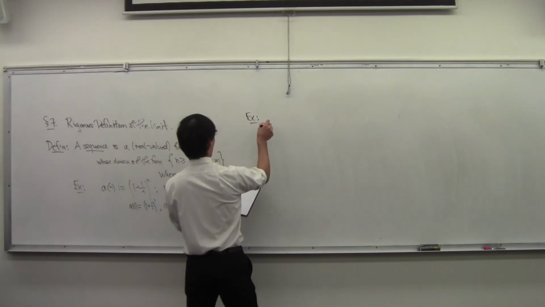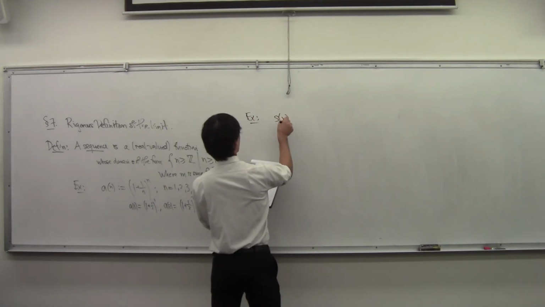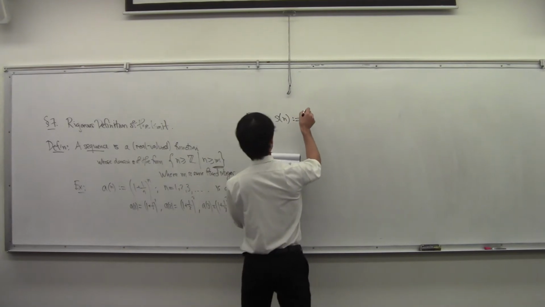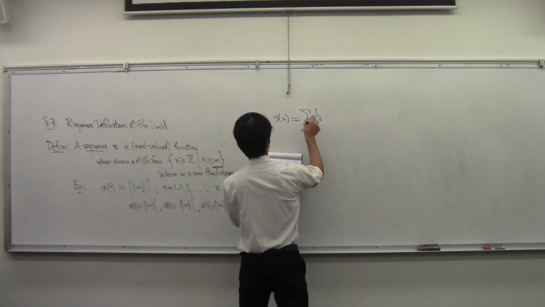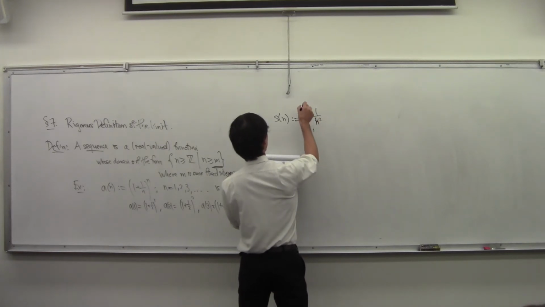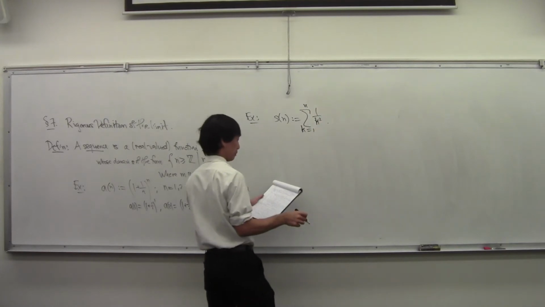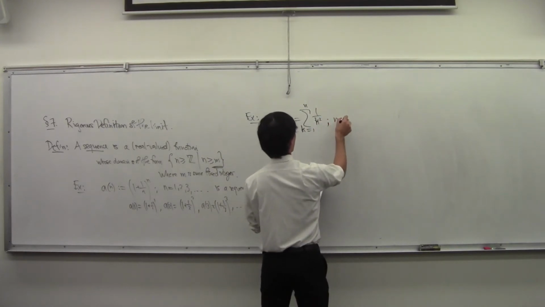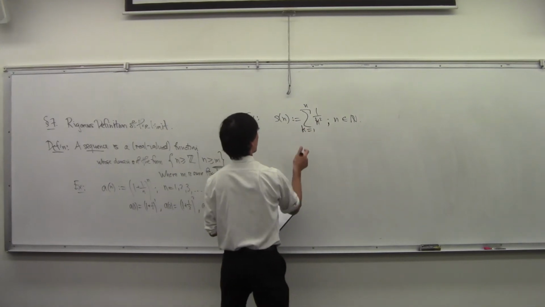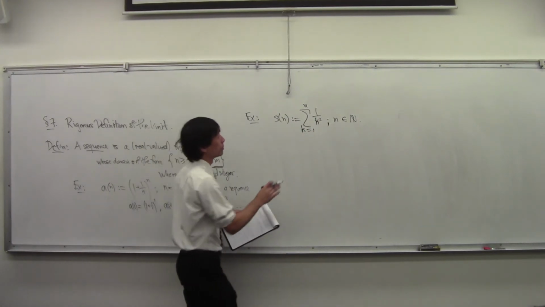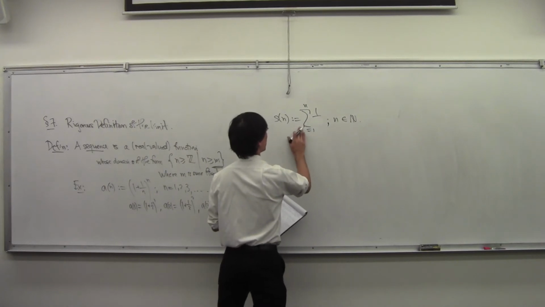Example 2. Let S sub n be defined as the sum of 1 over k squared as k goes from 1 to n. And n again is going to be 1, 2, 3, etc. Can you rewrite this? It's so ugly.